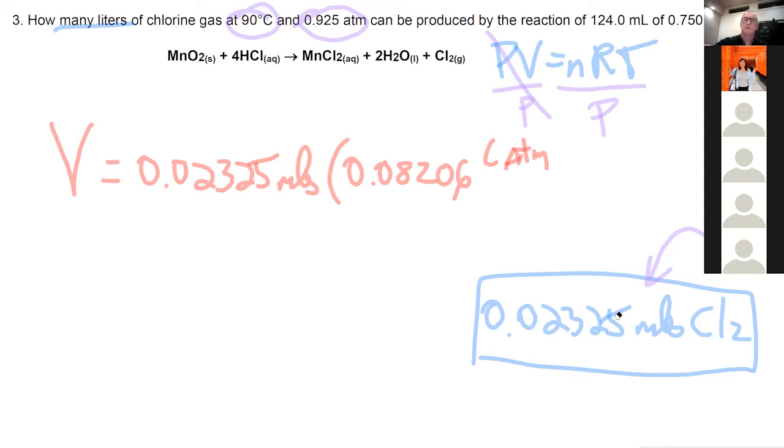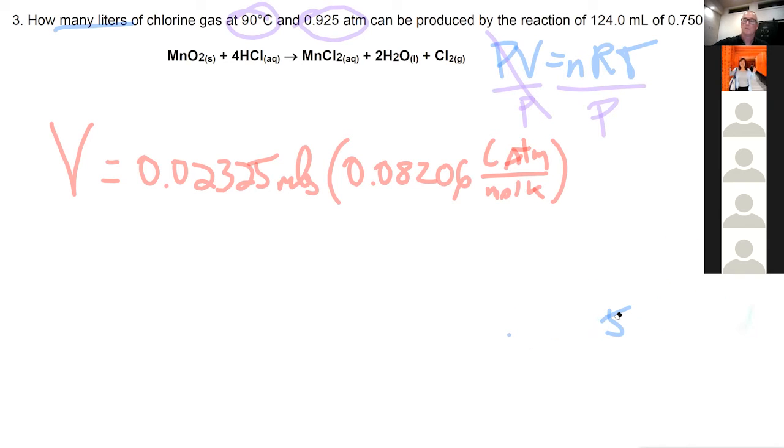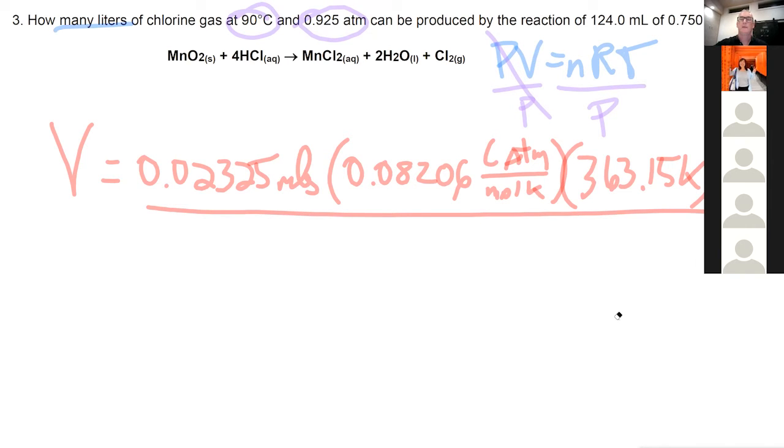Liter atmosphere per mole Kelvin. I just love the units for that. Times the temperature. What's our temperature going to be? 363.15 Kelvin. Right, so we have to add our 273.15 to 90. And then we just divide that whole thing by the pressure.